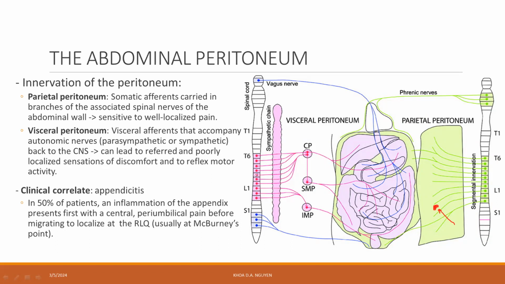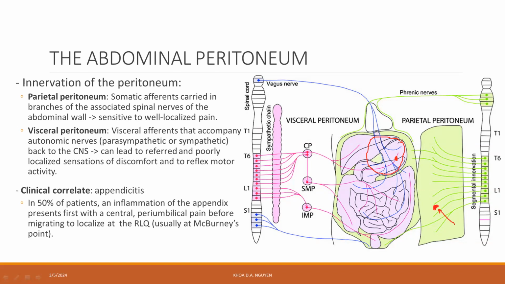Therefore, for the visceral peritoneum, you can be hurt on the surface of the stomach, and you would feel like you are hurting at the entire epigastric region. So it's poorly localized. It cannot be known as a point of pain like in the parietal peritoneum, but it's actually a region of pain.